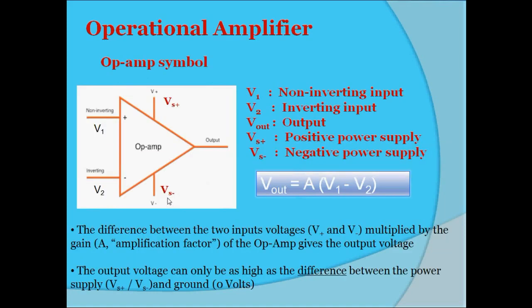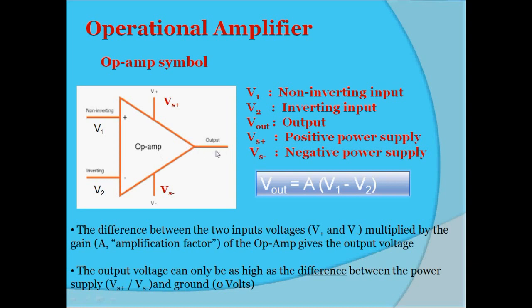Now the operational amplifier symbol is given, where in the symbol there are two input terminals: the non-inverting input terminal indicated with a positive sign, and the inverting input terminal indicated with a negative sign. This plus V and minus V indicate the positive power supply and negative power supply, and the output is at pin number 6.